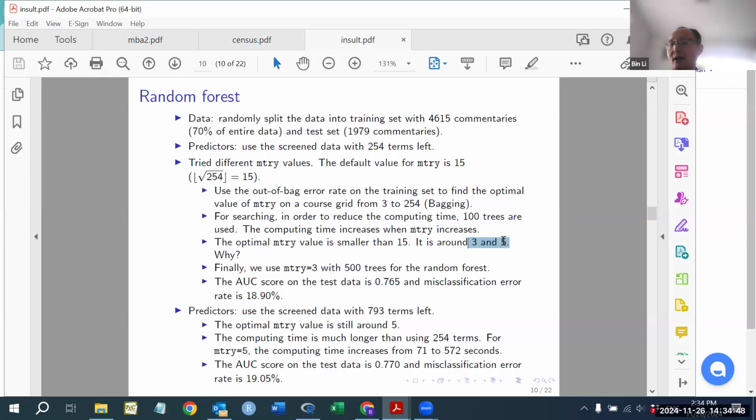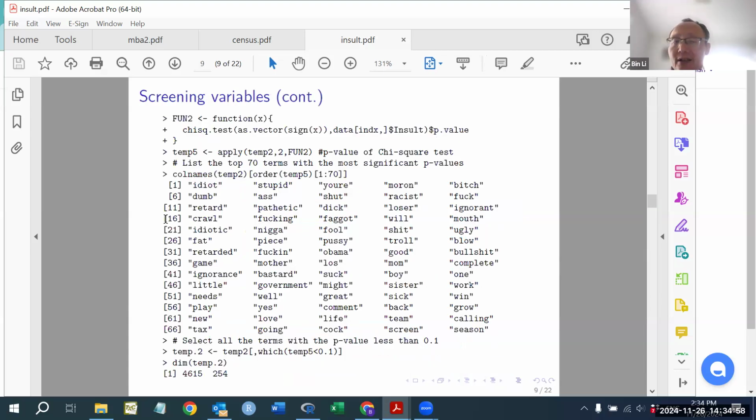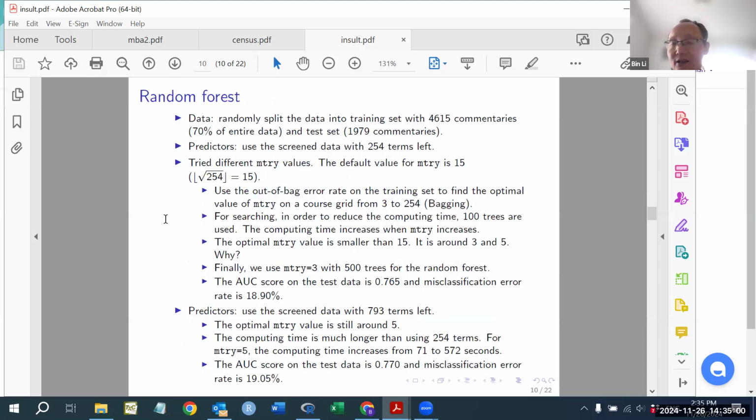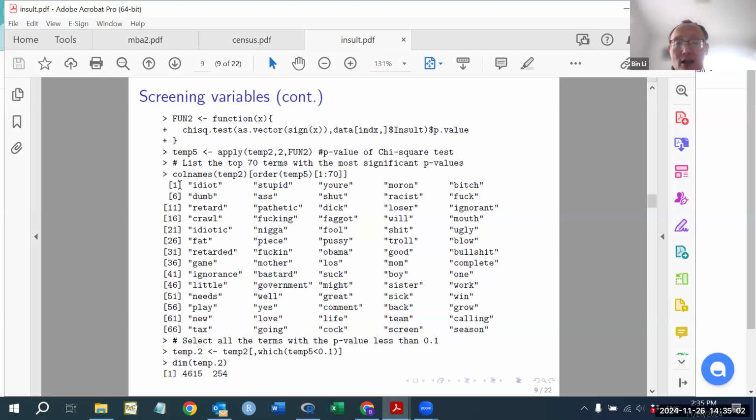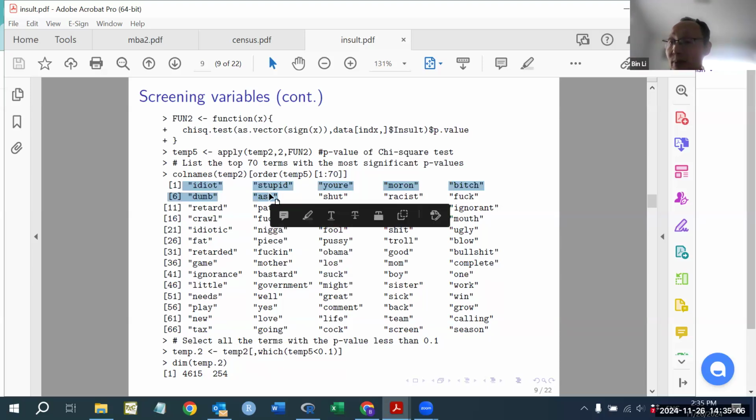Why is the optimal value much smaller than the default value in this one? Because in this data set, these words are kind of independent, but they all show some information about insulting status.